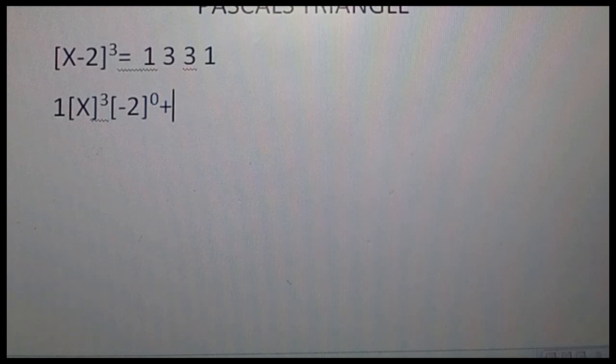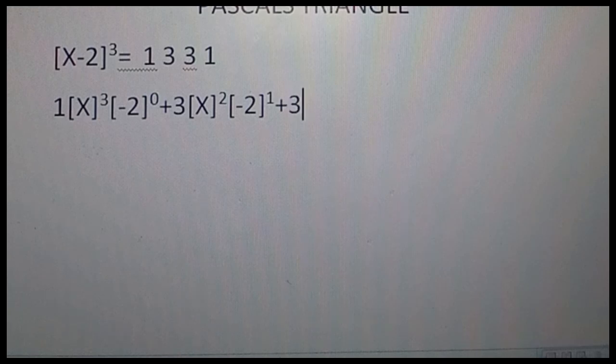Next we have 3 multiplied by x to the power 2, multiplied by negative 2 to the power 1, and then plus 3 again, plus 3 multiplied by x to the power of 1.